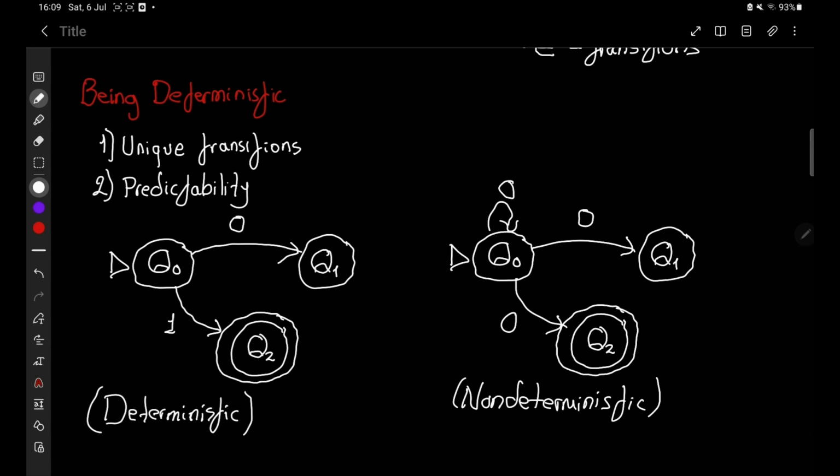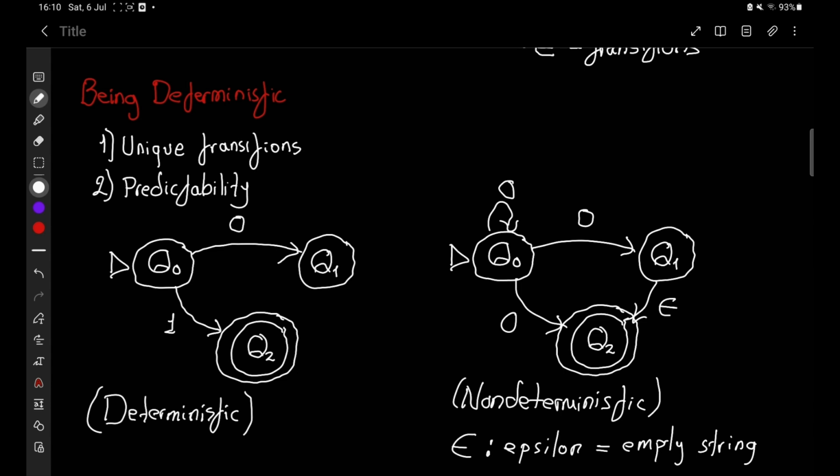Also, in NFA, the empty string represented by epsilon can be used in transitions as well. So when it is NFA, we can use the empty string. That means it allows the automaton to move from one state to another without consuming any input symbol.